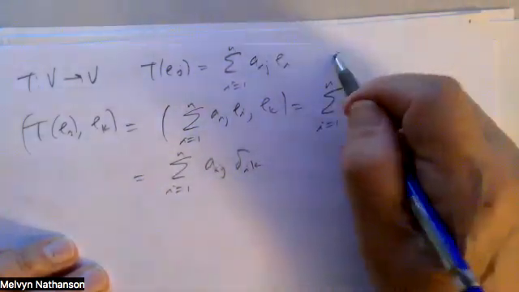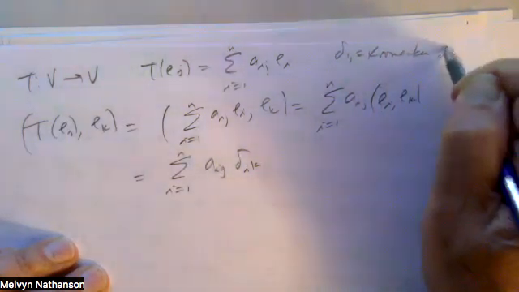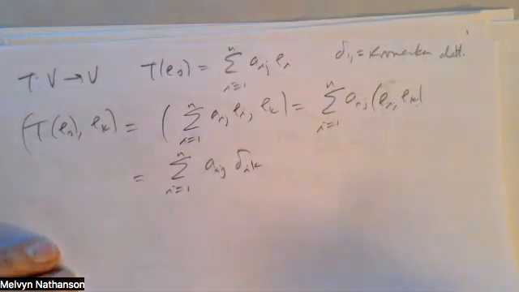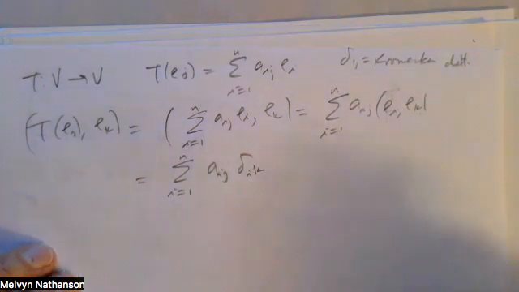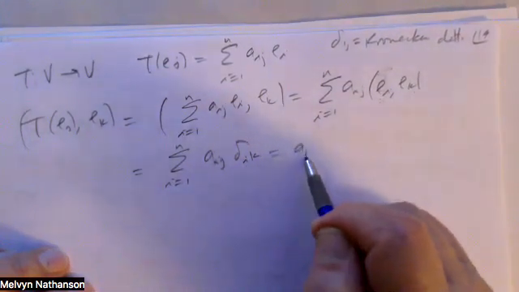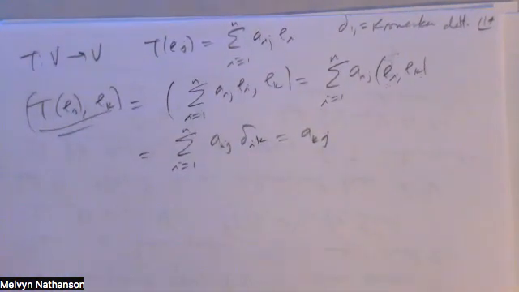This is the Kronecker delta, which we've seen enough times now that we're supposed to remember it. So this is 0 unless i equals k. So this is A sub kj. That's what this inner product is.